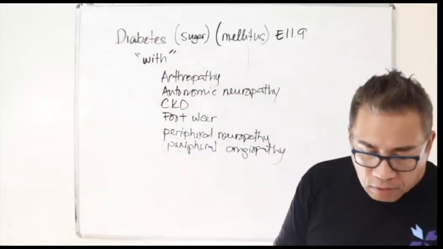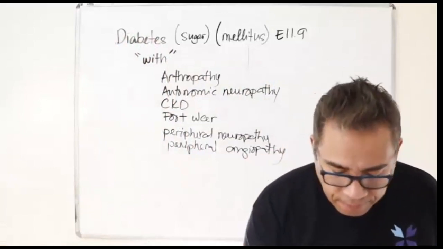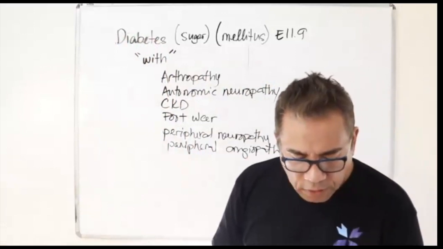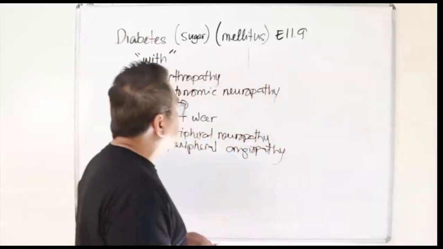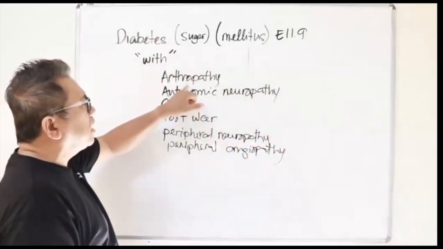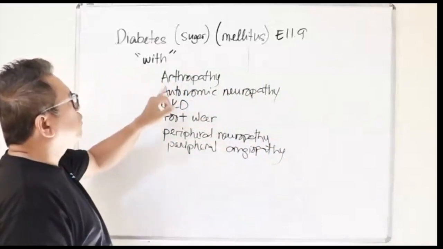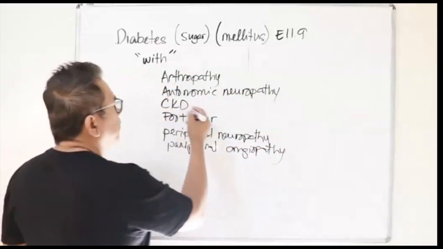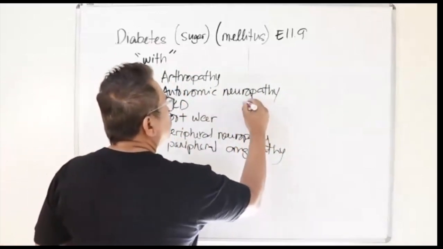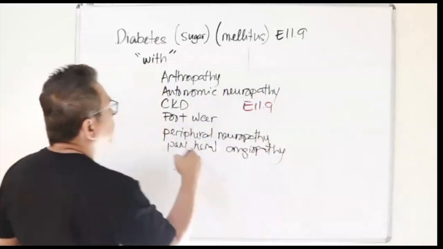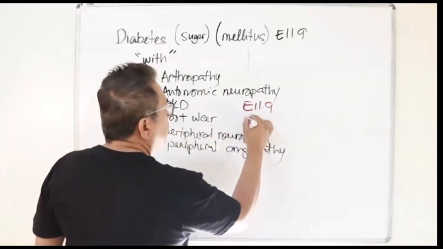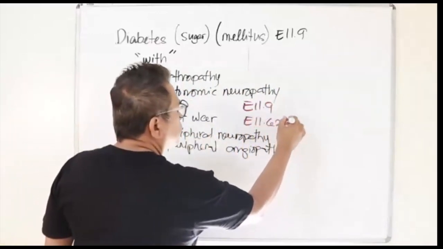Let's try to put all the codes for these here. I don't exactly remember what the code for arthropathy is, but you guys can look it up. For CKD, you see E11.9, right? Foot ulcer, I think E11.621.